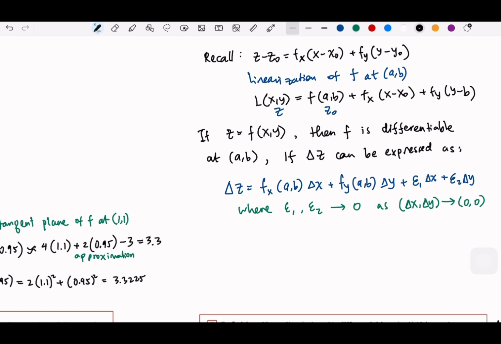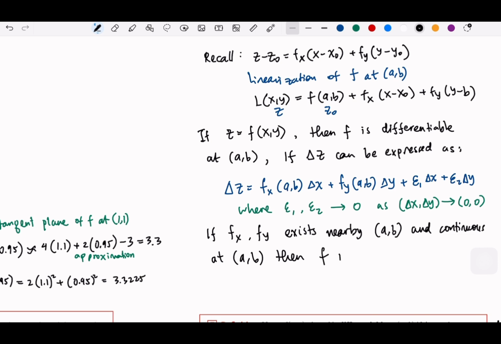So if partial x and partial y exist nearby (a, b) and are continuous at (a, b), then f is differentiable at (a, b).